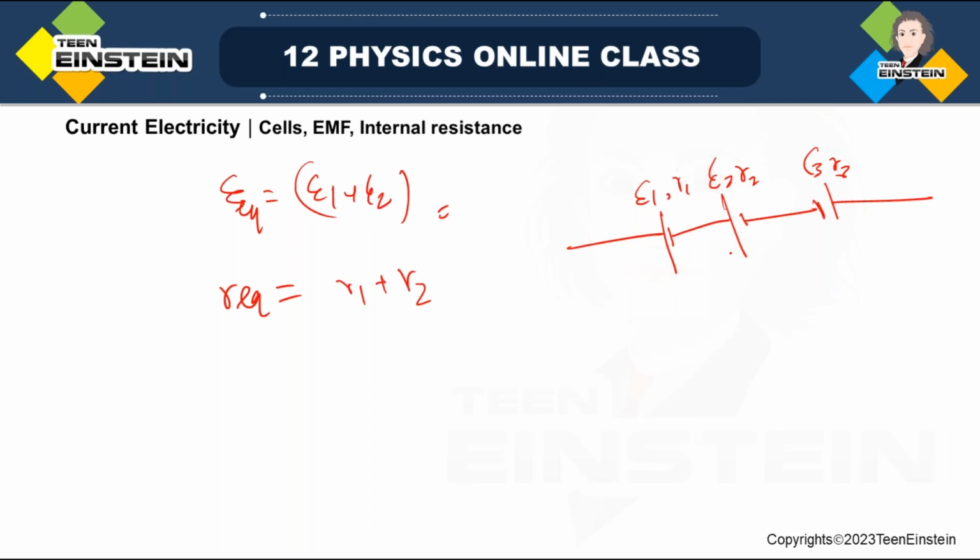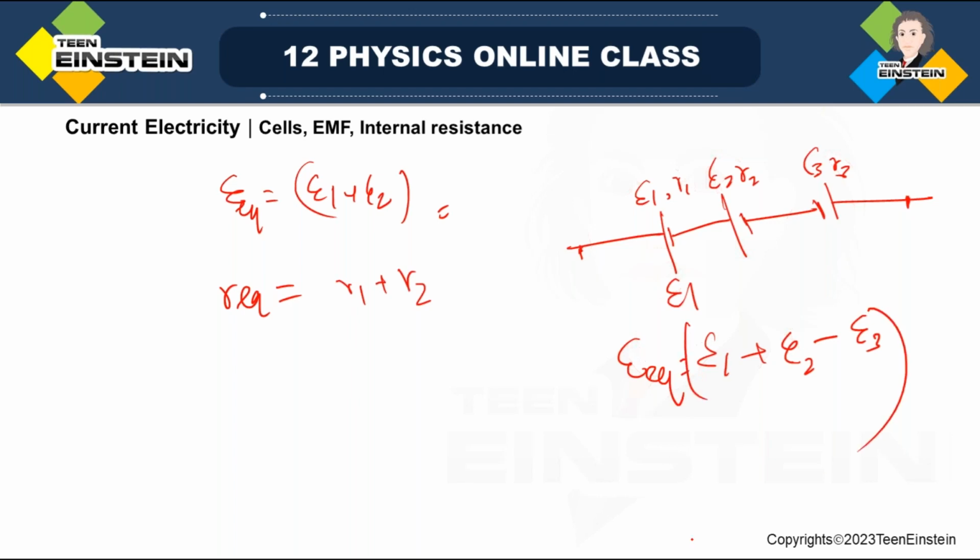So in that case, see, this is E1, okay. So the total potential difference between this point and this point will be epsilon 1 plus epsilon 2 plus so on, so this is actually the equivalent.